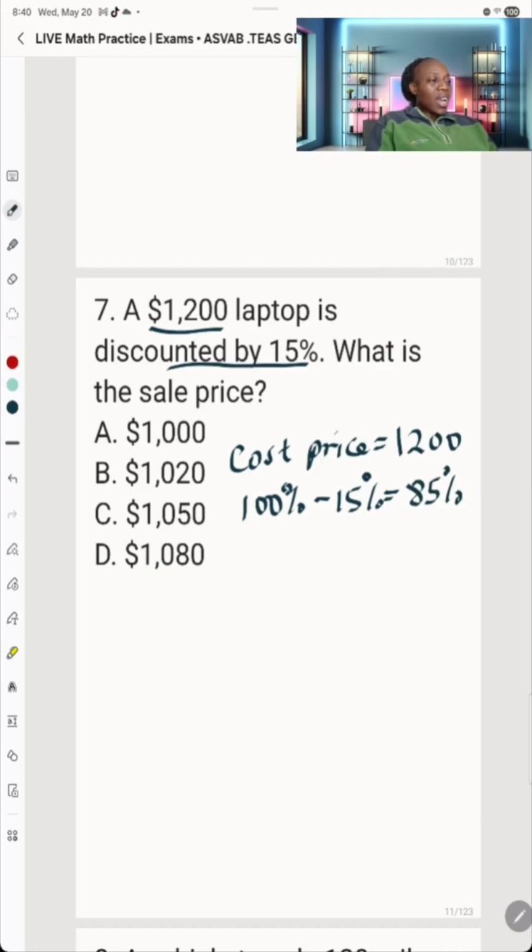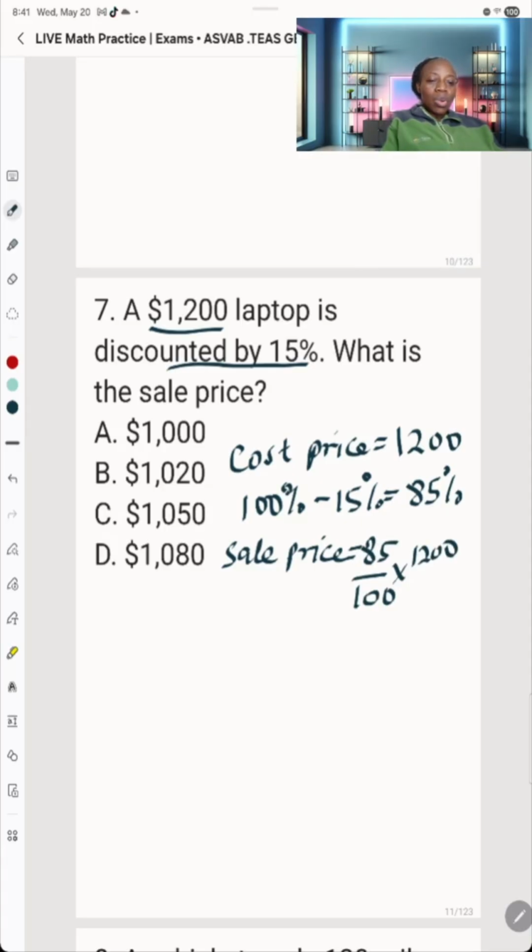So we can now find the sale price. Sale price will be what? 85 over 100 multiplied by 12. Yeah, the sale price percentage is going to be 85. So we can divide this 100 by those two zeros.